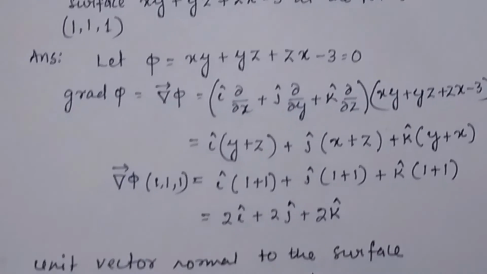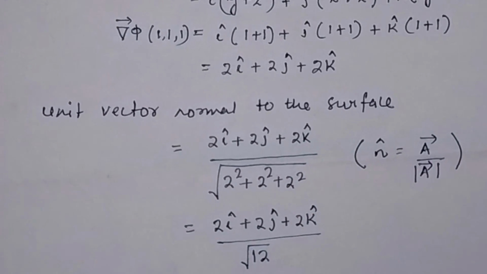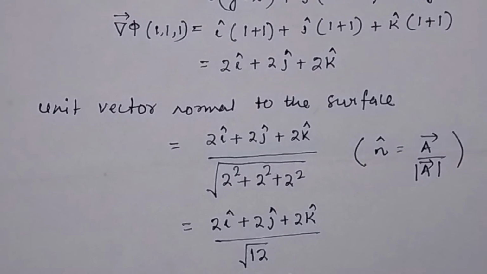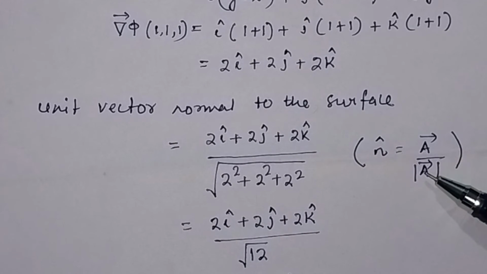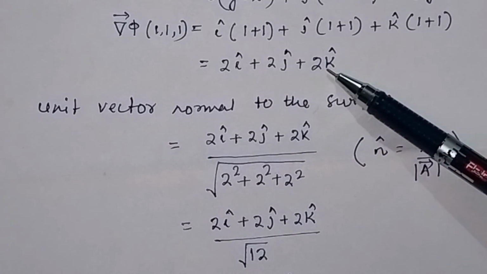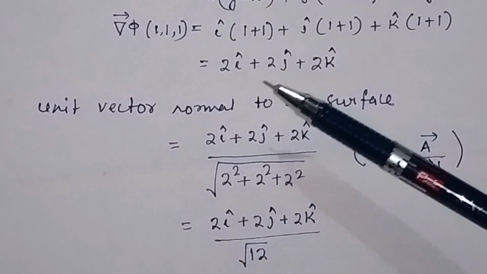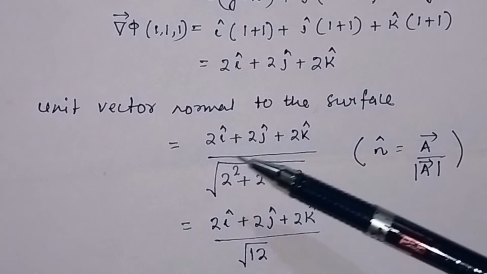Now we'll find out the unit vector. We know how to find the unit vector. If a vector A is given, then the unit vector will be equal to the vector divided by the magnitude of the vector. So here the vector is 2i cap plus 2j cap plus 2k cap, and the magnitude of this vector will be equal to the square root of 2 squared plus 2 squared plus 2 squared.